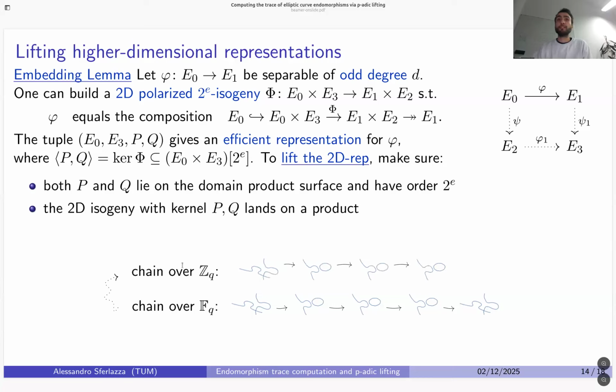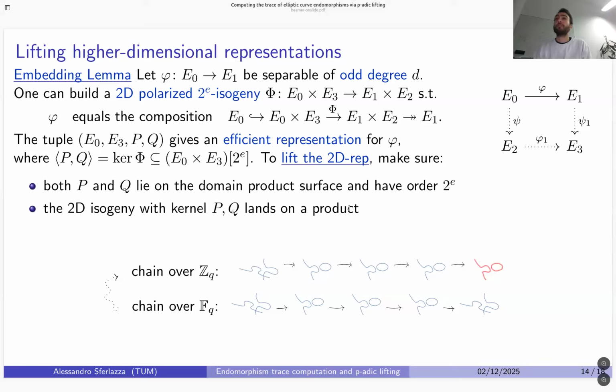Now, when we lift that, well, we first lift the domain to be, again, a product of elliptic curves, and then we perform the steps because we lifted P and Q. So we go through Jacobian, Jacobian, Jacobian. But then, when we want to split again, it is not automatic that the final thing will be a product instead of a Jacobian.